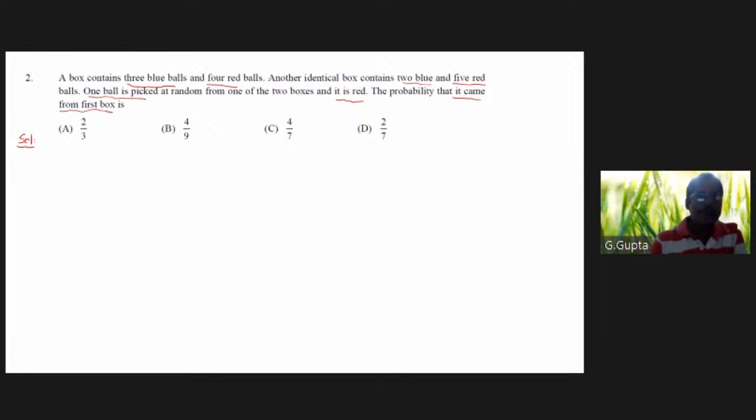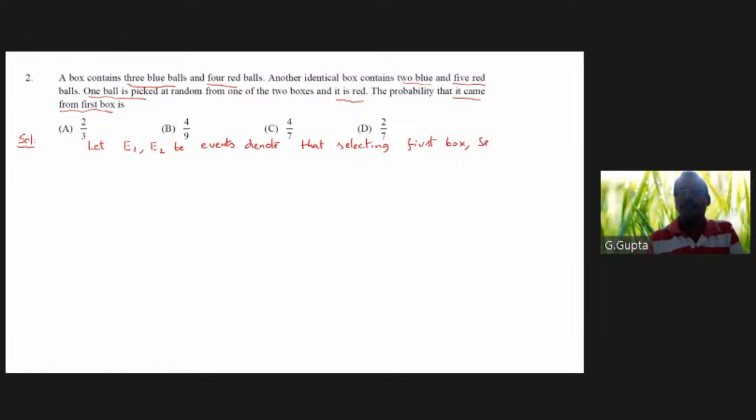So here, let E1, E2 be 2 events that denote selecting the first box and the second box respectively.